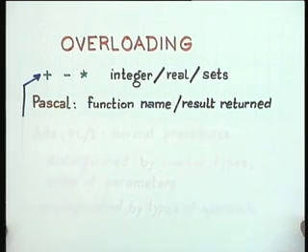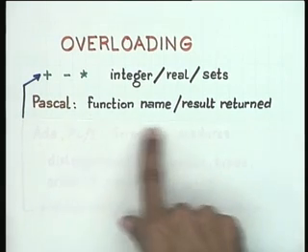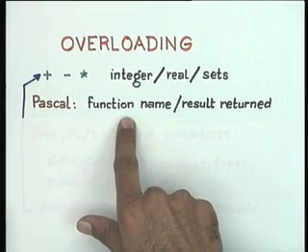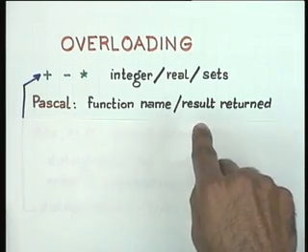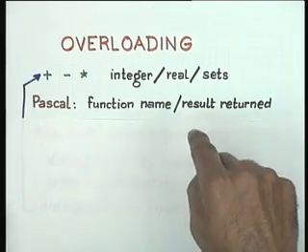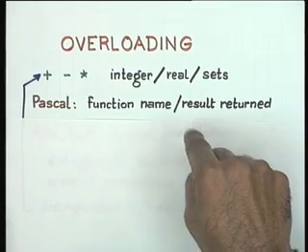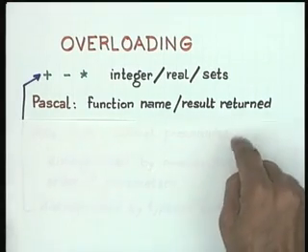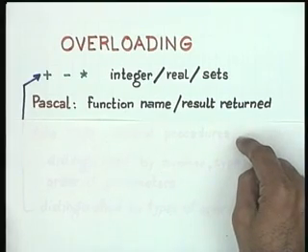So this is known as overloading, and in the case of Pascal there is of course another obvious overloading, which is that you have a function name and you have a variable with the same name which stores the result of executing the function.